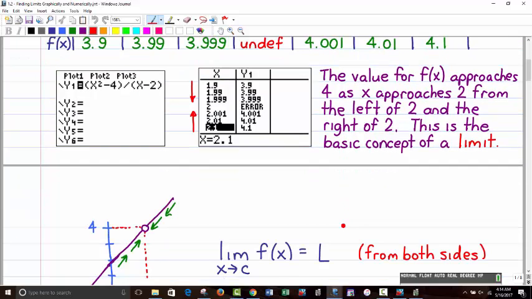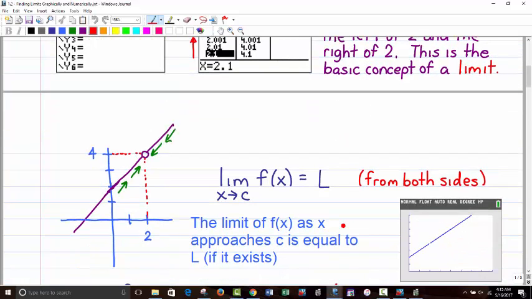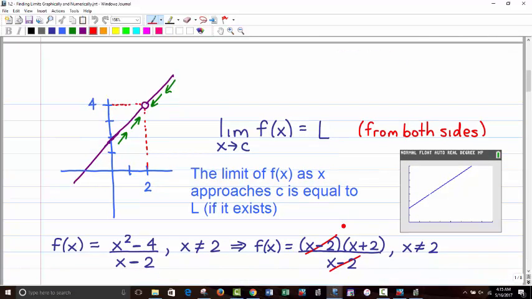So now I graph this. Graphically, even though x is still not equal to 2, for graphing purposes I canceled that out and left it as x plus 2.